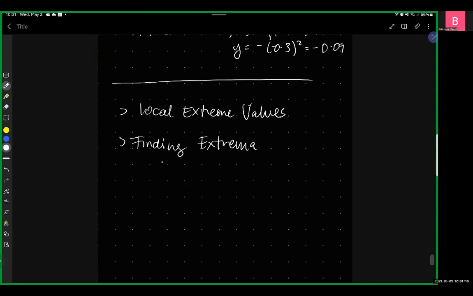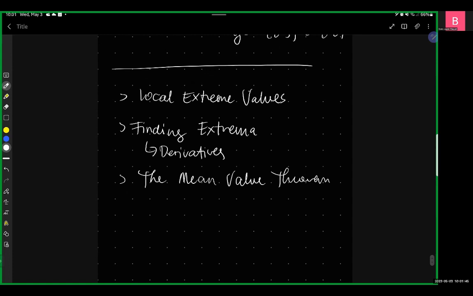Basically, this uses derivatives, so everything you learned about derivatives will be useful. I'll be giving you a lot of problems regarding this. Afterwards, please look forward to or read in advance the mean value theorem. We also have Rolle's theorem.